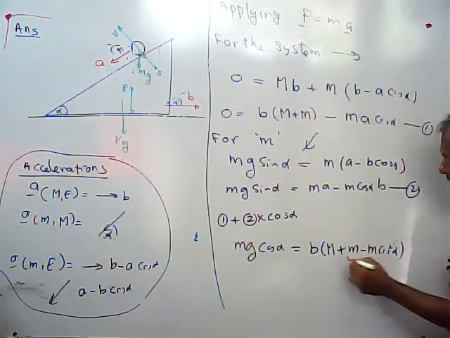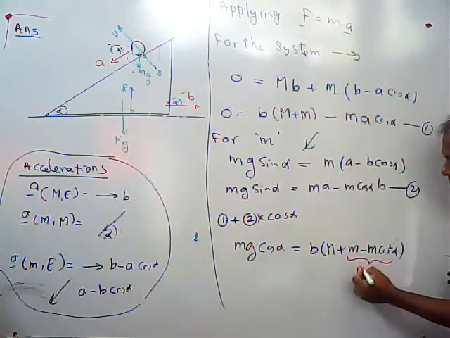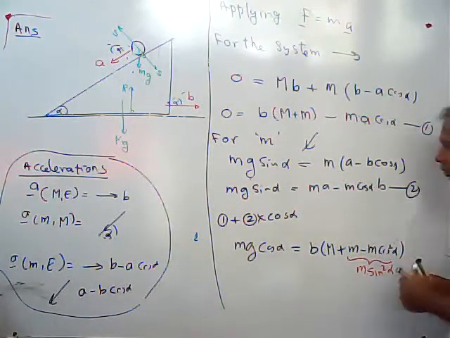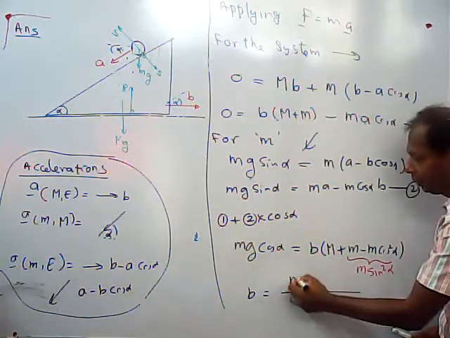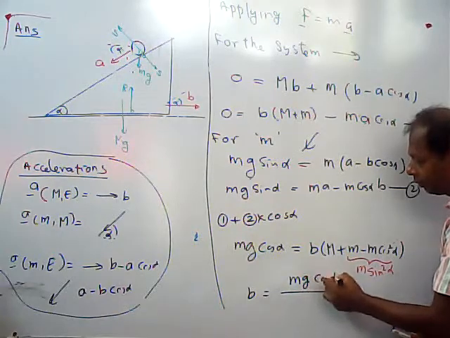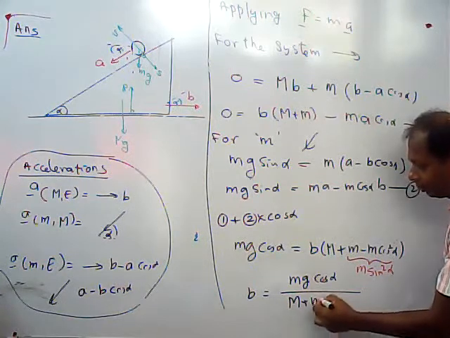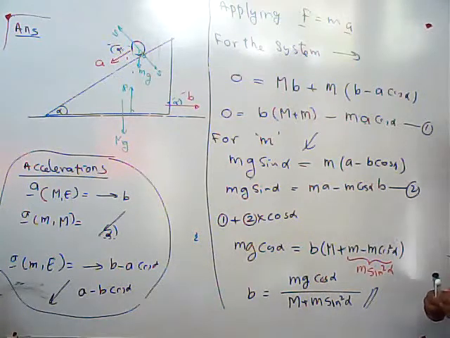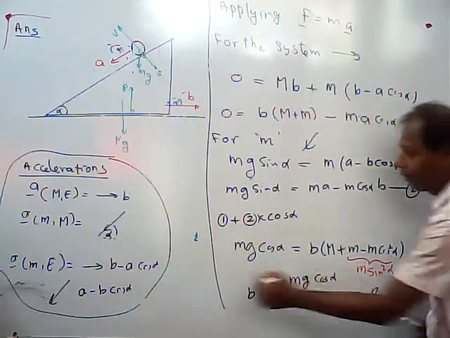Now these two together, M minus m cos squared alpha, will give m sin squared alpha. So finally, B is equal to mg cos alpha over M plus m sin squared alpha. This is the acceleration of the wedge relative to the frame. So this is the answer for the first part, right?